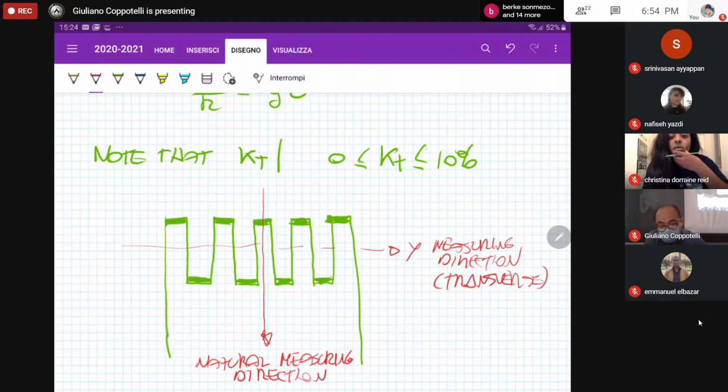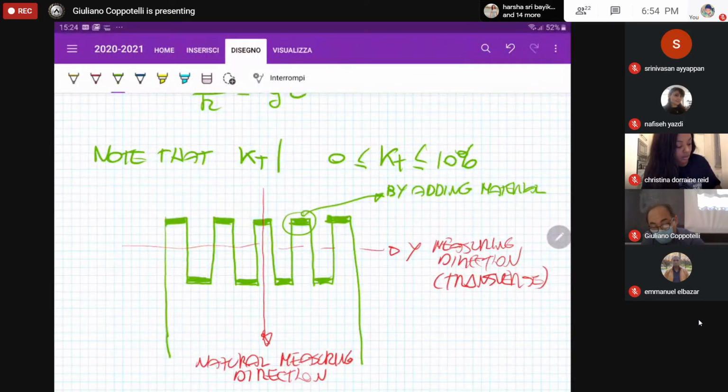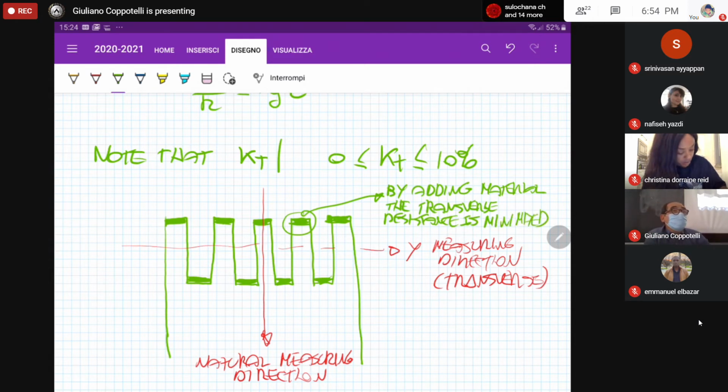So by adding material, the transverse resistance is minimized. And thus, the effect on the strain is minimized as well.